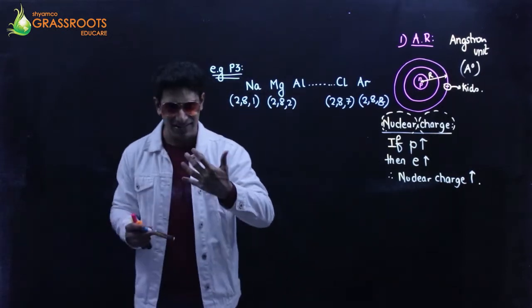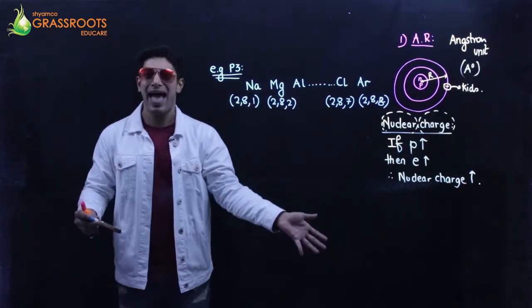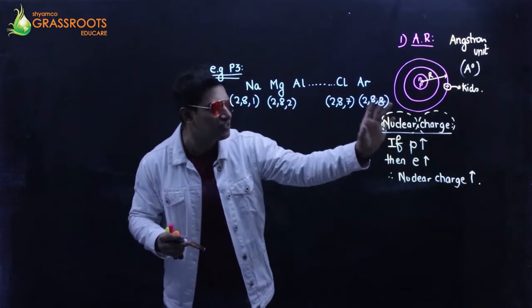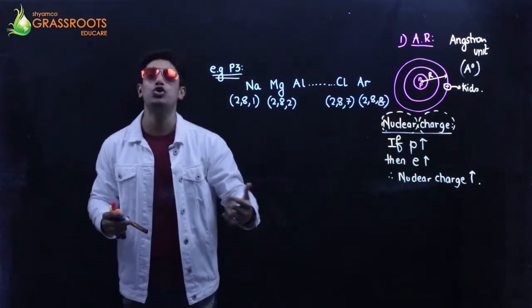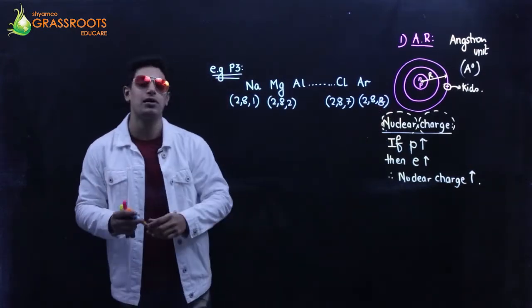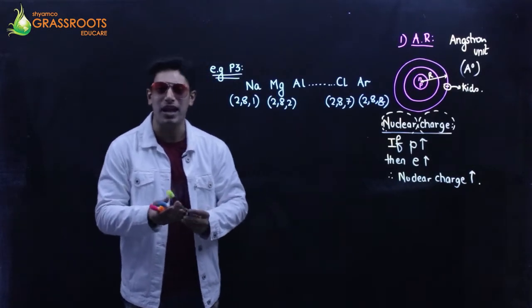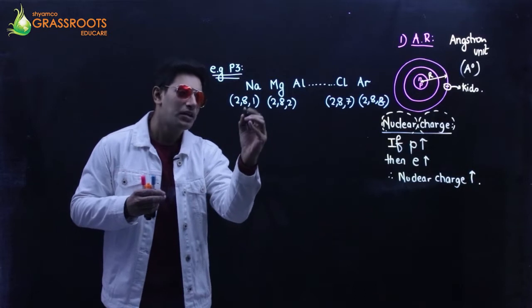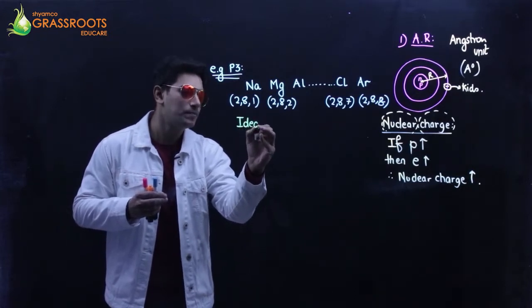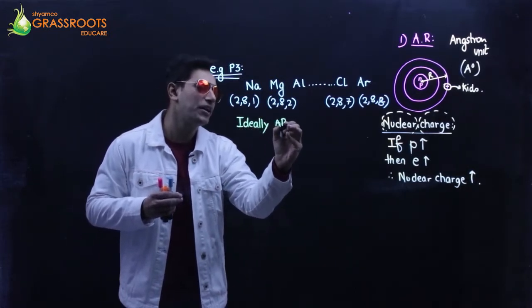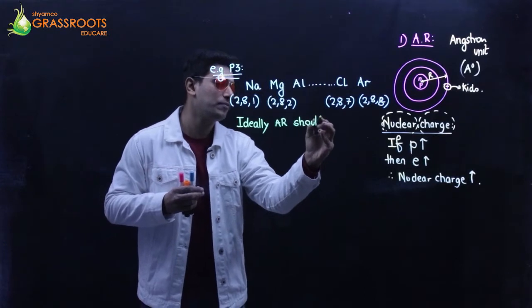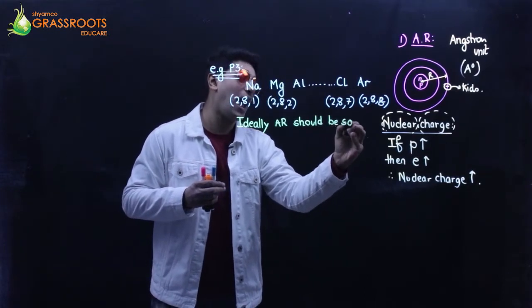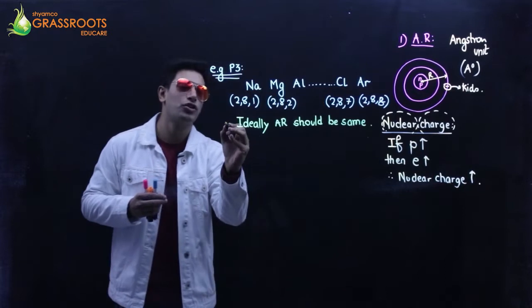So ideally, can I say, like a layman, that if the number of shells is the same, the atomic radius should be the same, right? But sorry, no, it is not the same. Look what happens. As we go from left to right, ideally atomic radius should be the same, but it is not the case.